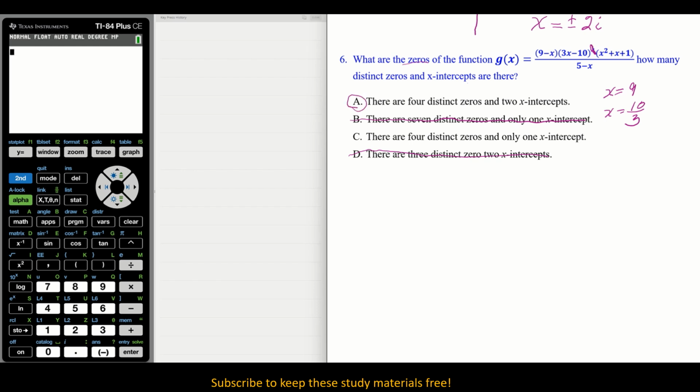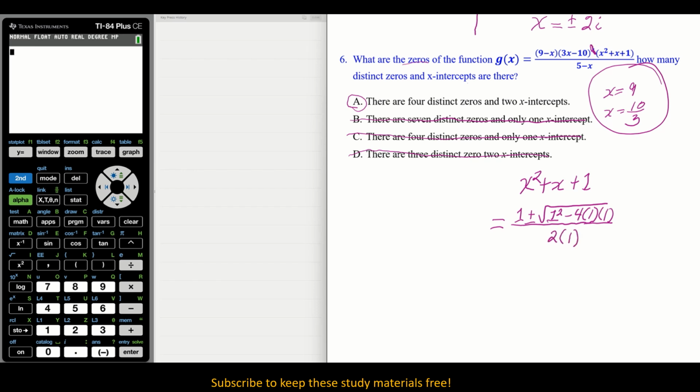And I'll tell you why. I'll show you why. C says there are 4 and only 1 x-intercept. Well, we just came up with 2 right here. That's a contradiction already. Now, when we go to solve for x squared plus x plus 1, and we put that into our quadratic formula, we get 1 plus or minus the square root of 1 squared minus 4 times 1 times 1, over 2 times 1.